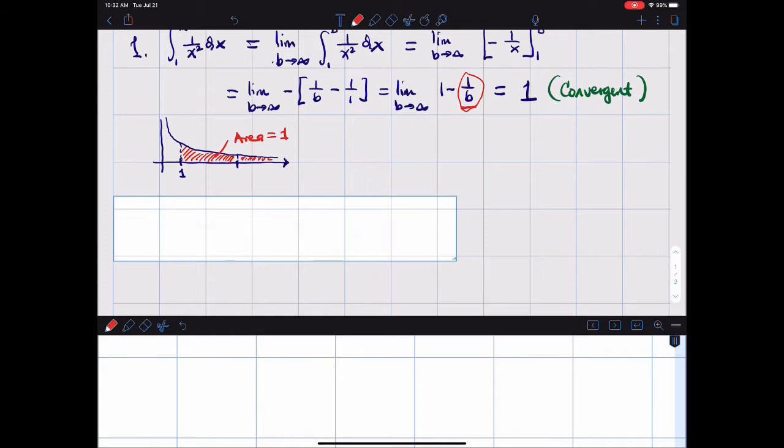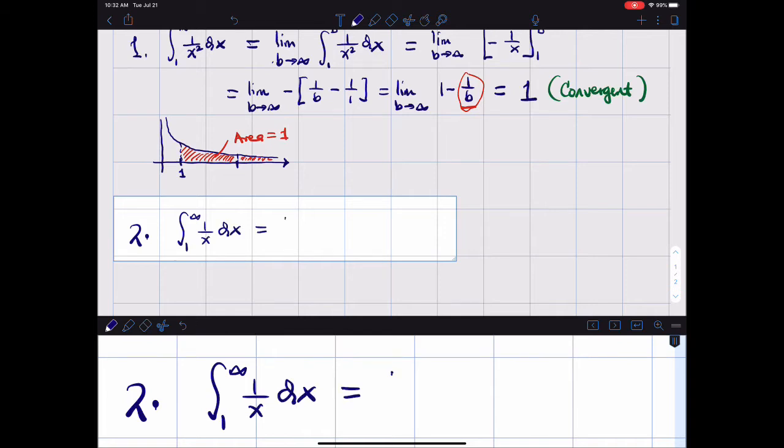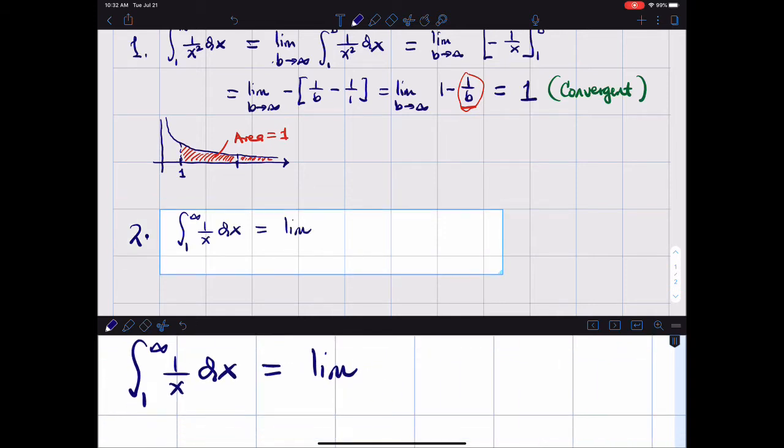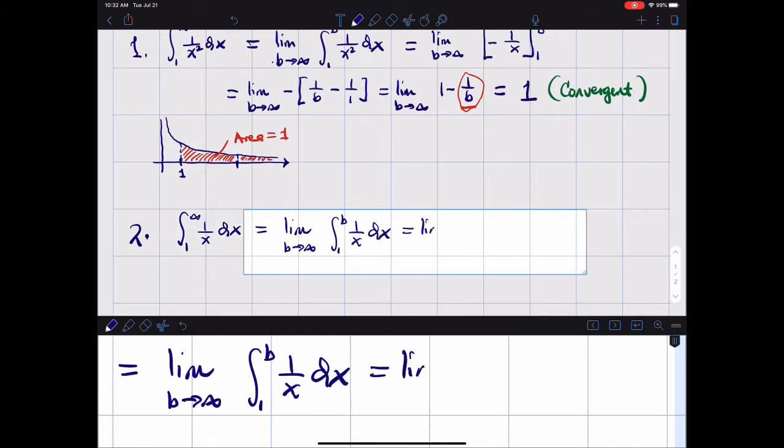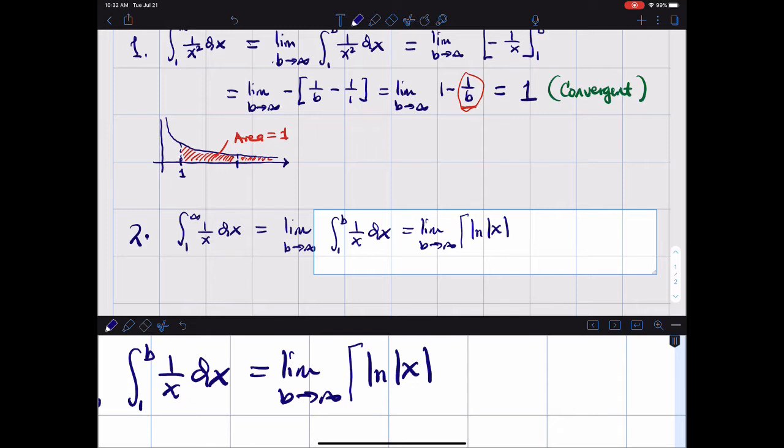Let's look at another integral. How about the integral from 1 to infinity of 1 over x dx? Again, we start by expressing it as a limit problem: the limit as b goes to infinity of the integral from 1 to b of 1 over x dx. This becomes the limit as b goes to infinity of natural log of the absolute value of x, going from 1 to b.